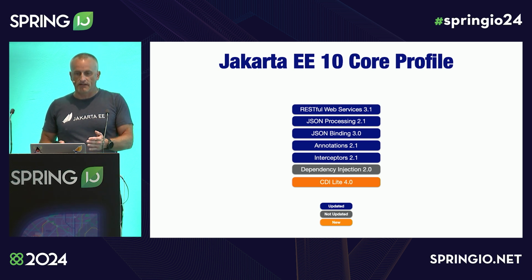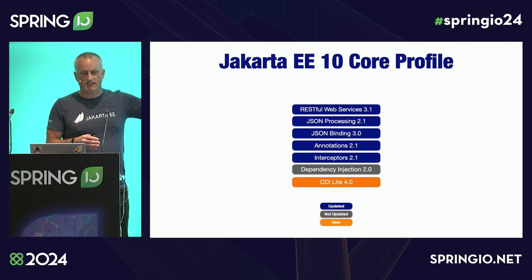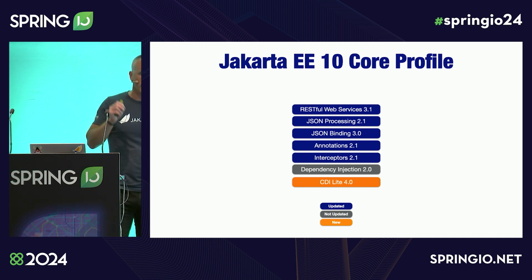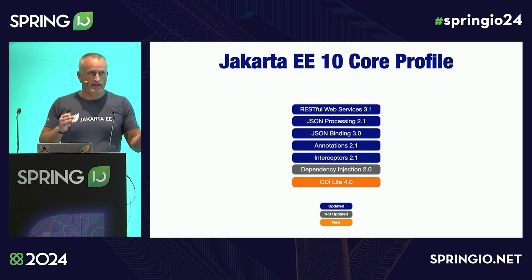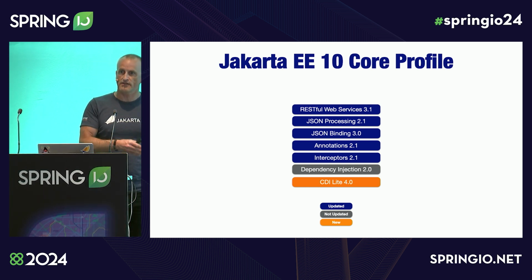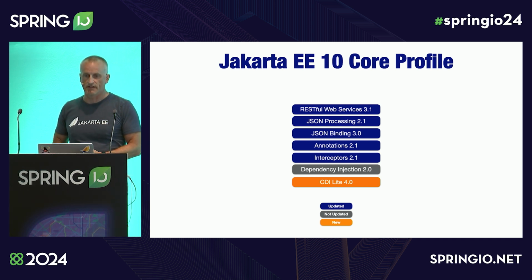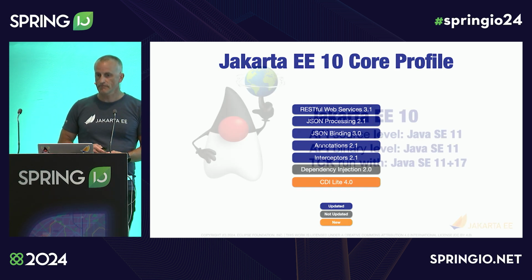And the nifty thing about core profile is that the new spec down at the bottom is actually not a new spec, it's a new kind of flavor of CDI, where we take away the dynamic runtime properties of CDI and resolve them at compile time, so we can compile to native using GraalVM with the implementations using core profile. So we have a couple of implementations that you can compile to native there as well. So this is kind of our smallest, more modern stack of specifications.